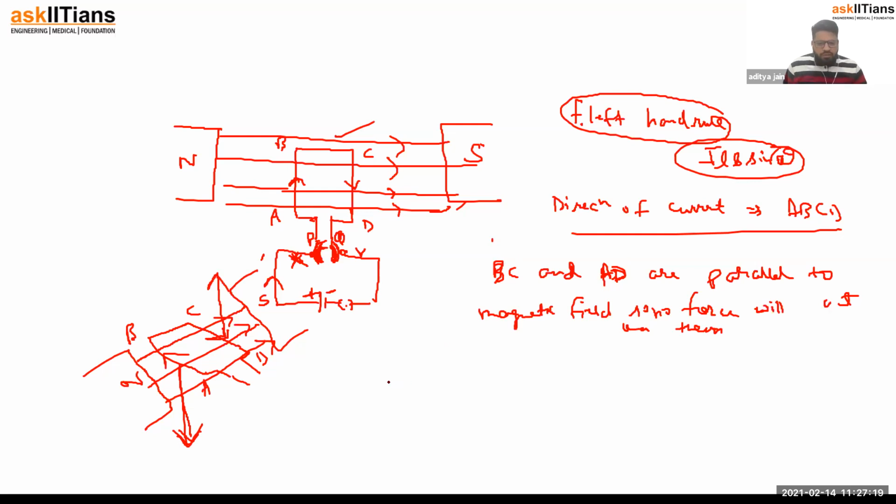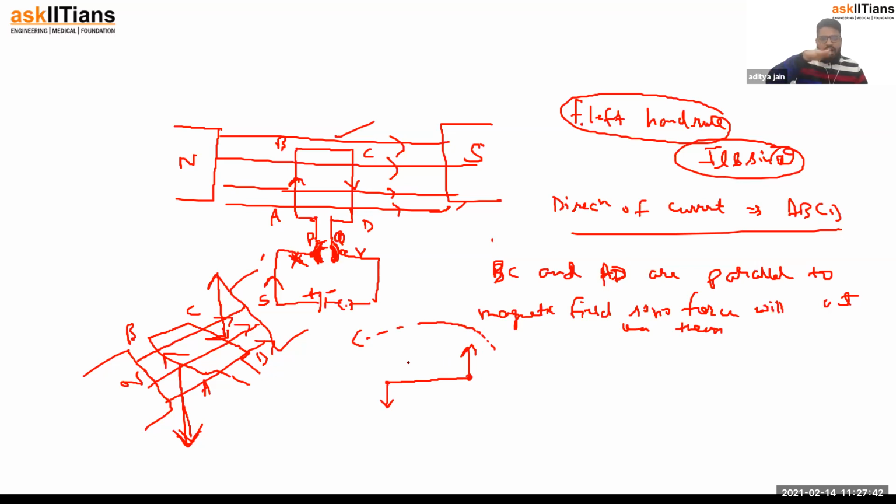In the front view, on arm AB the force was downwards and on arm CD the force was upward. So it will make the coil rotate in anti-clockwise direction due to the magnetic force.